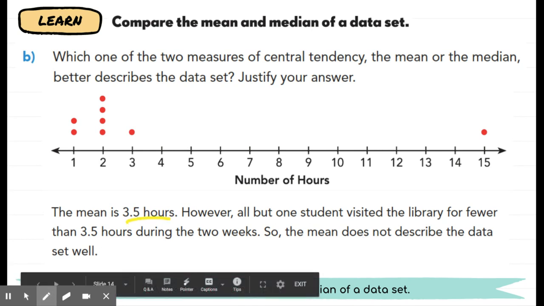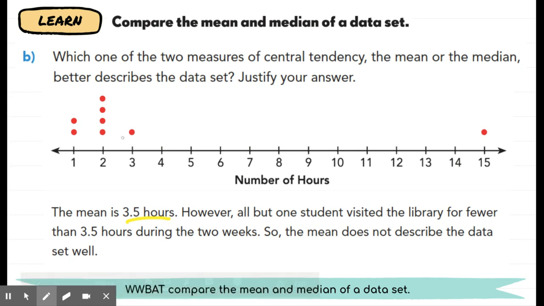However, all but one student visited the library for fewer than 3.5 hours. If everybody is spending less time there, this is not what the majority of people are doing, right? You can't say that most people spend 3.5 hours at the library when only one person spent more than 3.5 hours. So this mean does not describe the data set well.